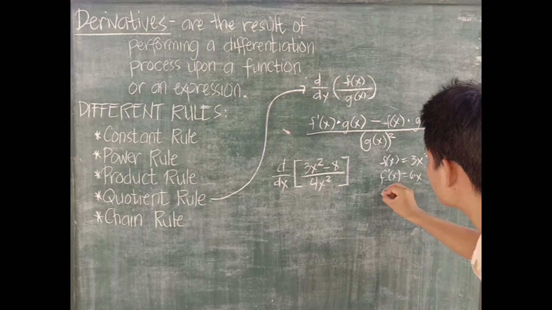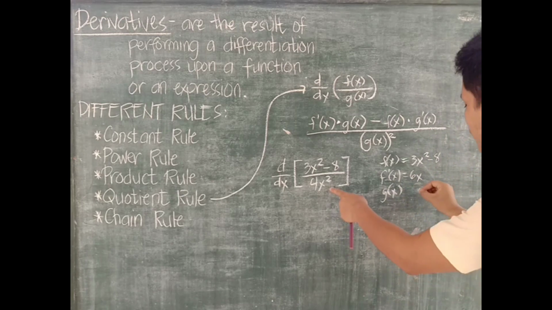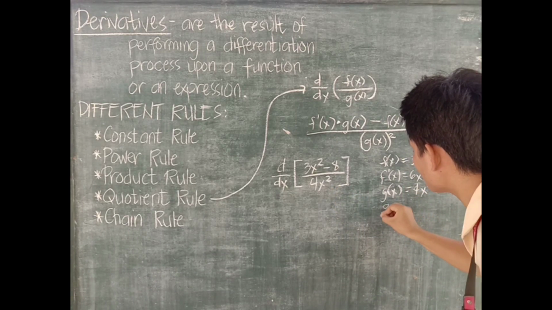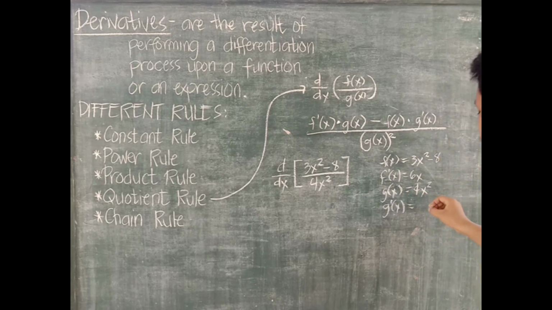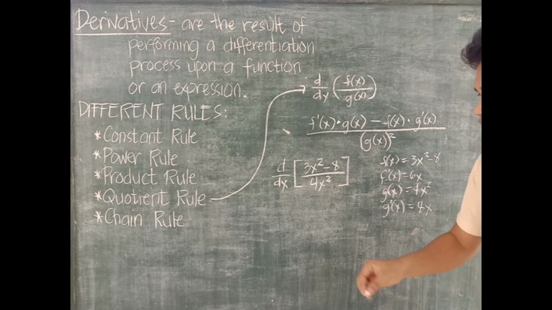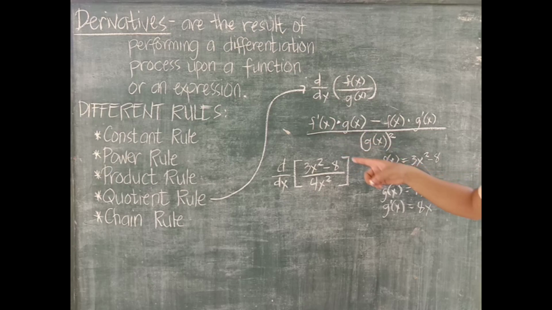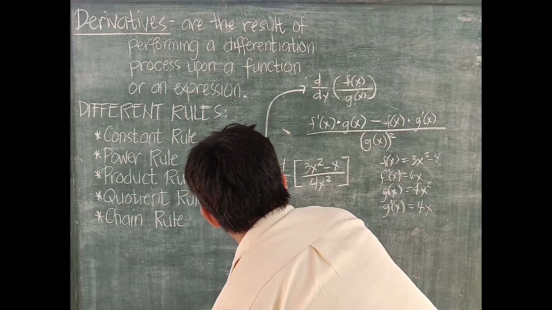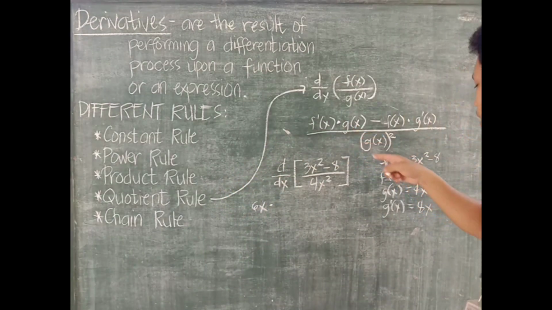Now, let's proceed to g of x. So, what is g of x here? We have 4x squared, and g prime of x is equal to, using the power rule, 4 times 2 is equal to 8, x to the 2 minus 1 is equal to 1. Okay. Now, let's do this operation. We have here f prime of x, which is 6x, times g of x.